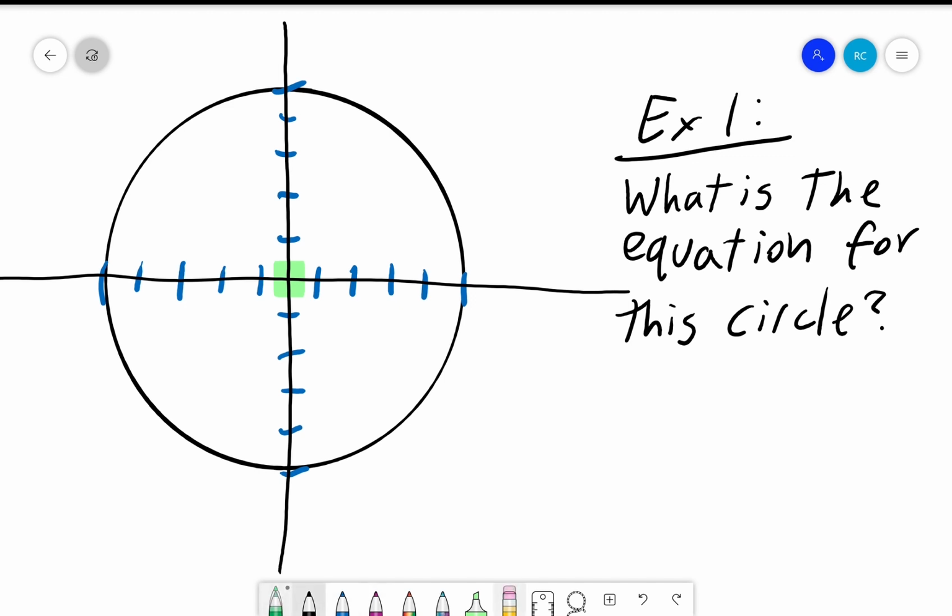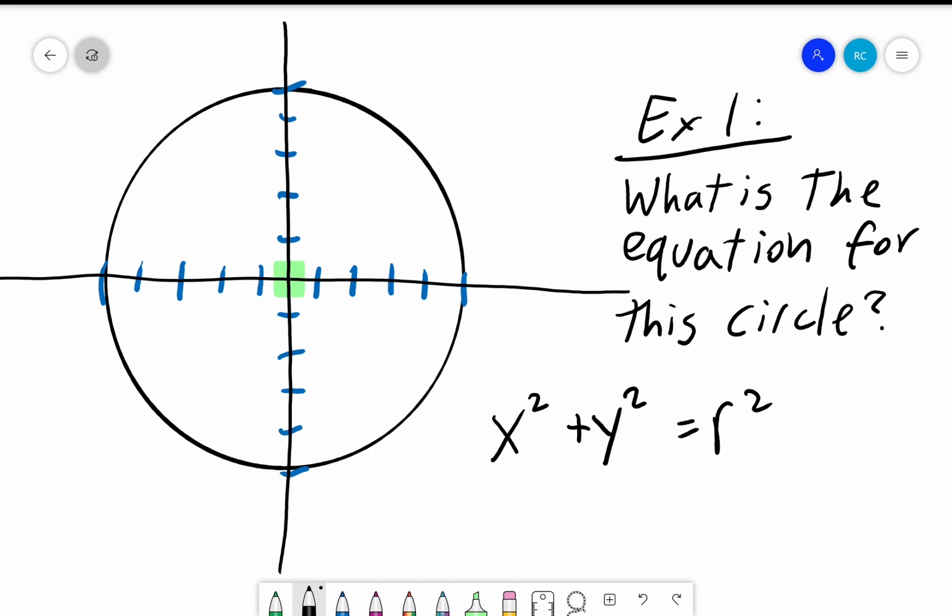Well, okay. We know from the notes we just took that the equation of any circle that has its center at the origin is x squared plus y squared equals r squared.